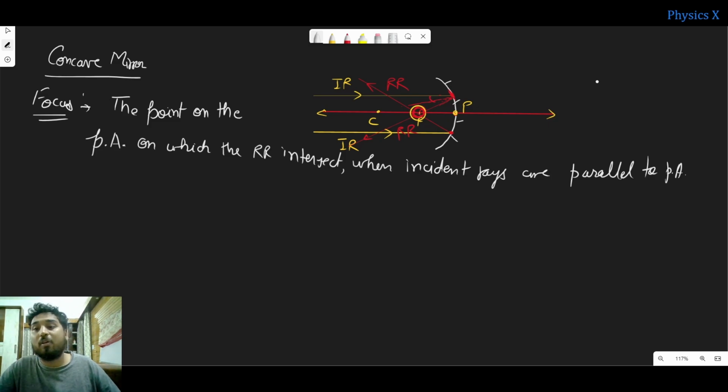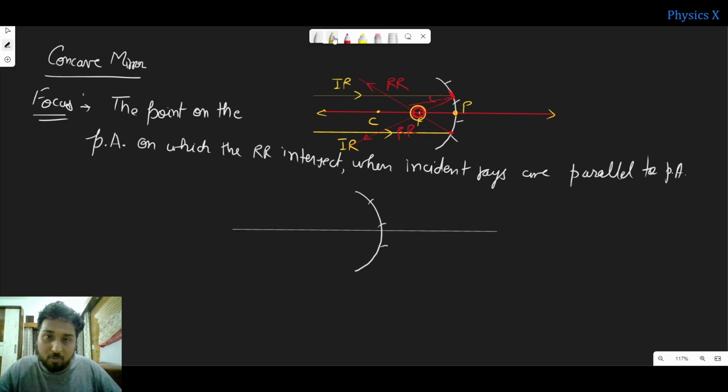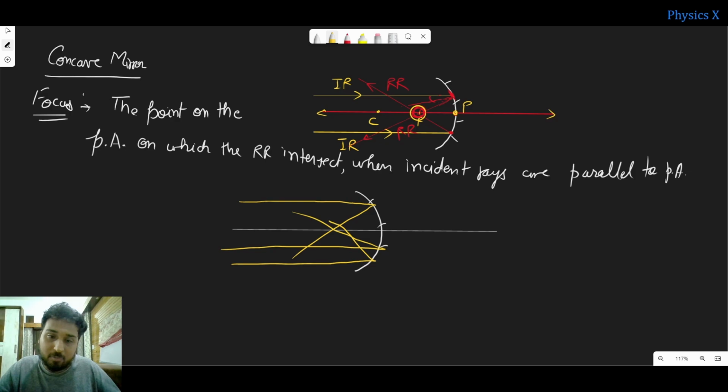Now one more thing you can observe, that this is your concave mirror, and this was your principal axis. What we observed is that if you consider this ray of light, it is focusing it on a particular point. Sorry, through the focus it will be passing, like this.